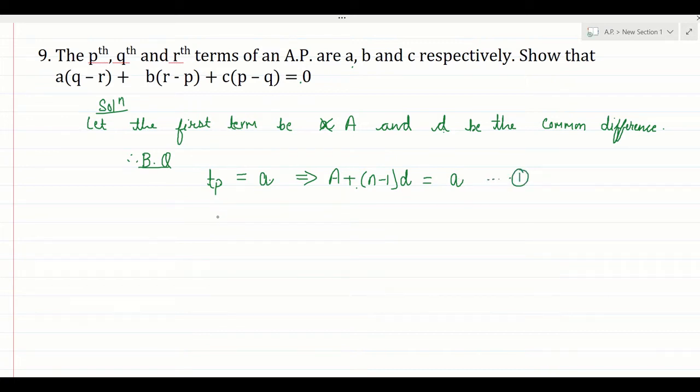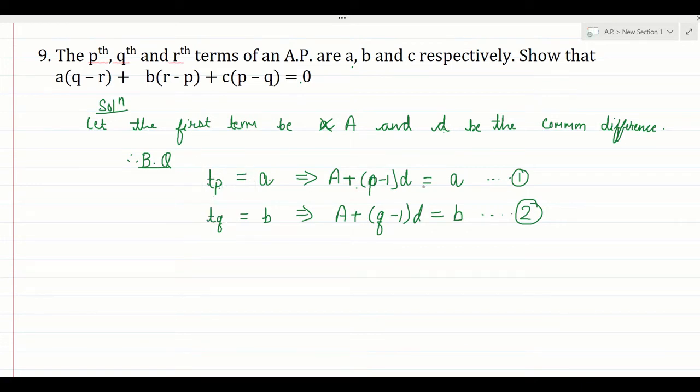Again, the question has said the qth term, meaning TQ, is B. It implies A plus Q minus 1 D is equal to B, equation 2. Sorry, over here I should mention P, because N is P over here.